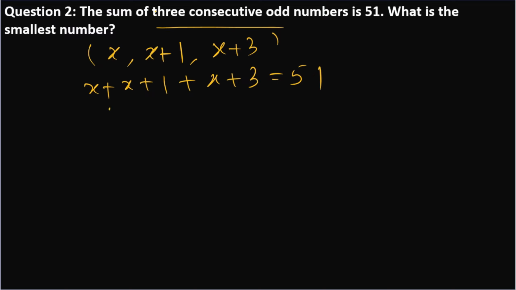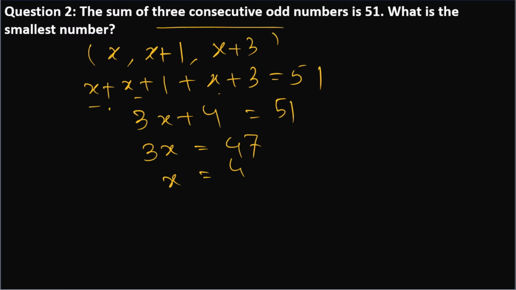So 3x plus 4 equal 51. So 3x equal 51 minus 4 equal 47. So x equals 47 over 3.